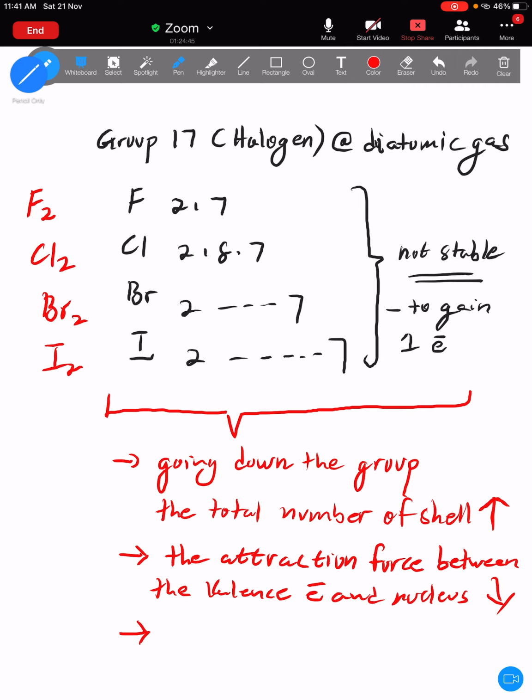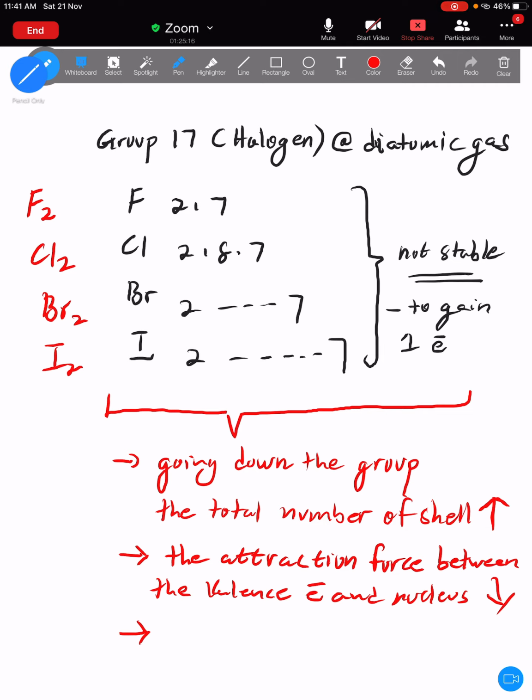Because group 1 naturally loves to donate electron. Therefore, it's a plus point for group 1. The bigger the size, the easier it can donate the electron. But for group 17, it's a disadvantage. Why is this a disadvantage? The natural behavior of group 17 is not to donate, but to gain electron.